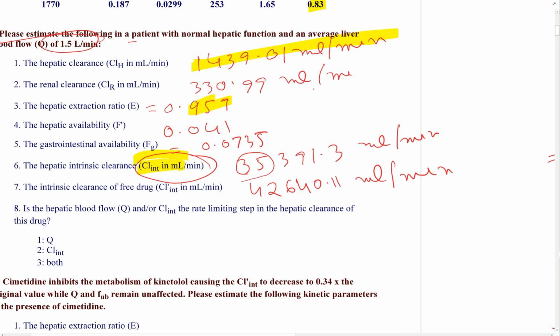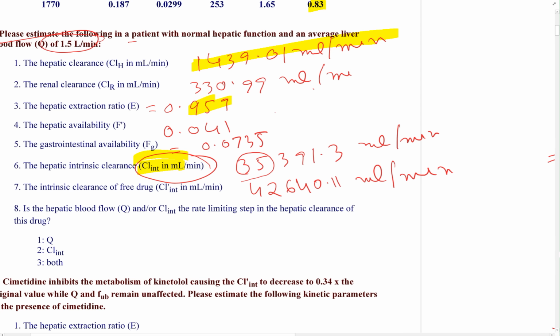Now, is the hepatic blood flow Q the rate limiting step in the clearance of this drug? Yes. If you see here, the hepatic extraction ratio is very high.